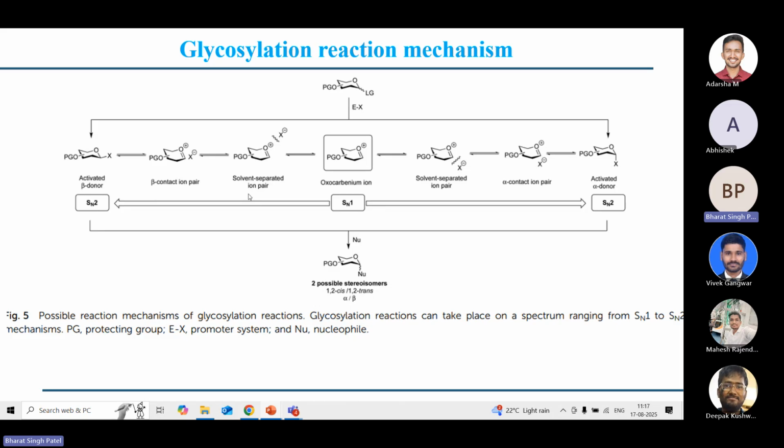But in the case of SN1, a lot more characterization needs to be done to say which pathway is followed and how the stereochemistry gets controlled.